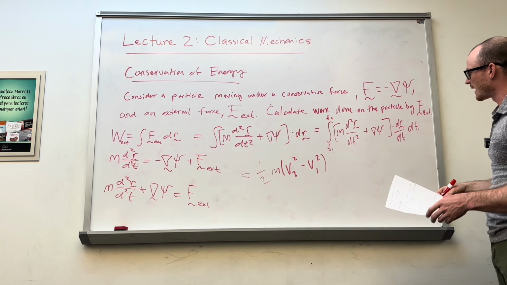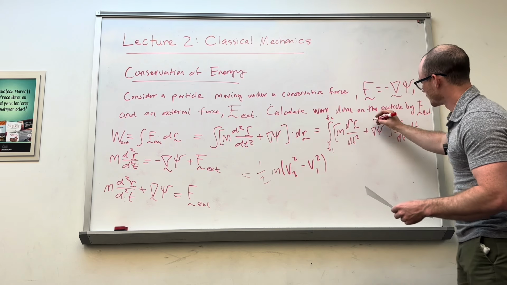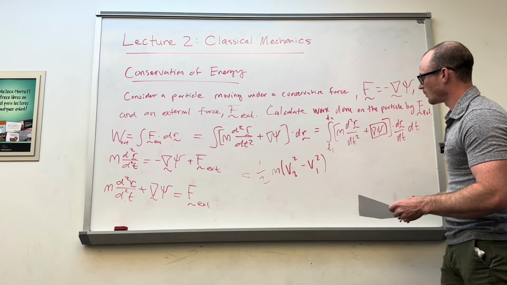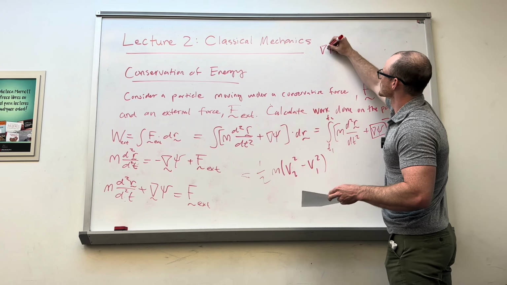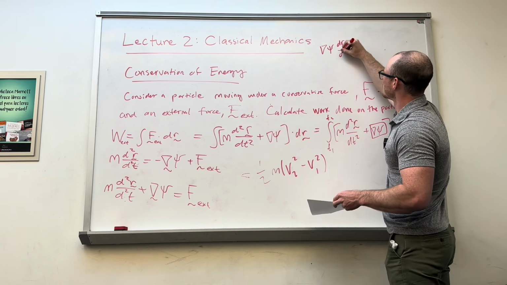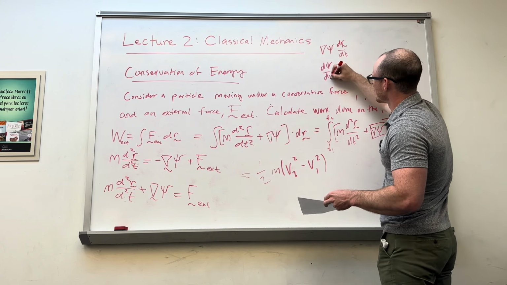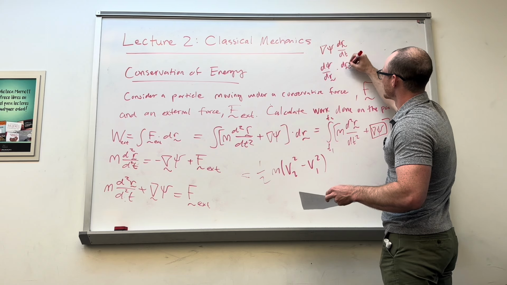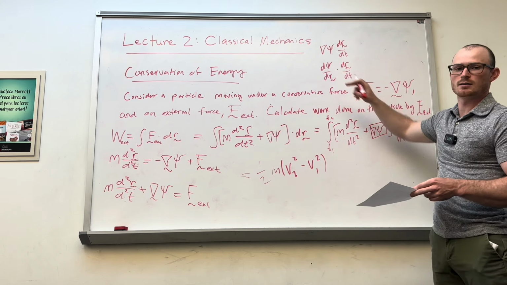So let's think about what that means. We have essentially for this term, it's a little bit tricky, but once you see it, it's not a problem. I'm going to write it up here. Gradient of psi dot dr dt. Let's think about what that means. Well, it's essentially d psi dr times dr dt. What does this look like here?